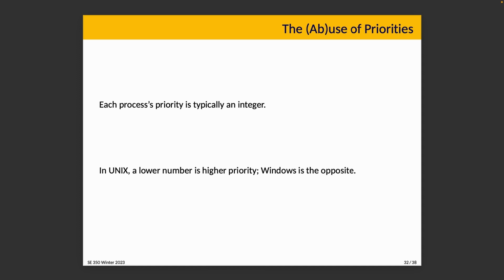Whether a higher number is a higher priority or a lower number is a higher priority is a question of system design, and just as in England they drive on the left and in Canada we drive on the right, when there's two ways to do something, there will inevitably be two implementations. So in Unix, a lower number indicates a higher priority. In Windows, a higher number indicates a higher priority. Why? Because that's why.